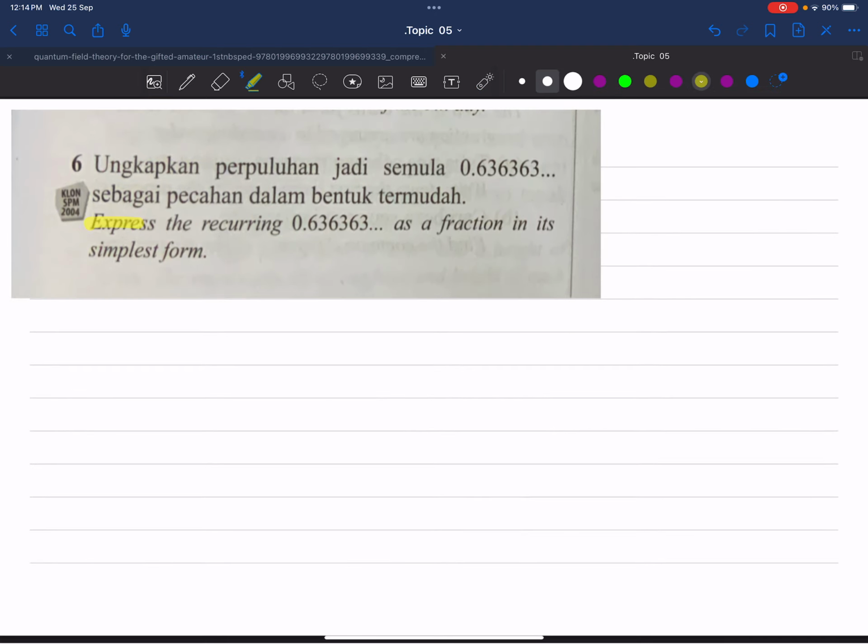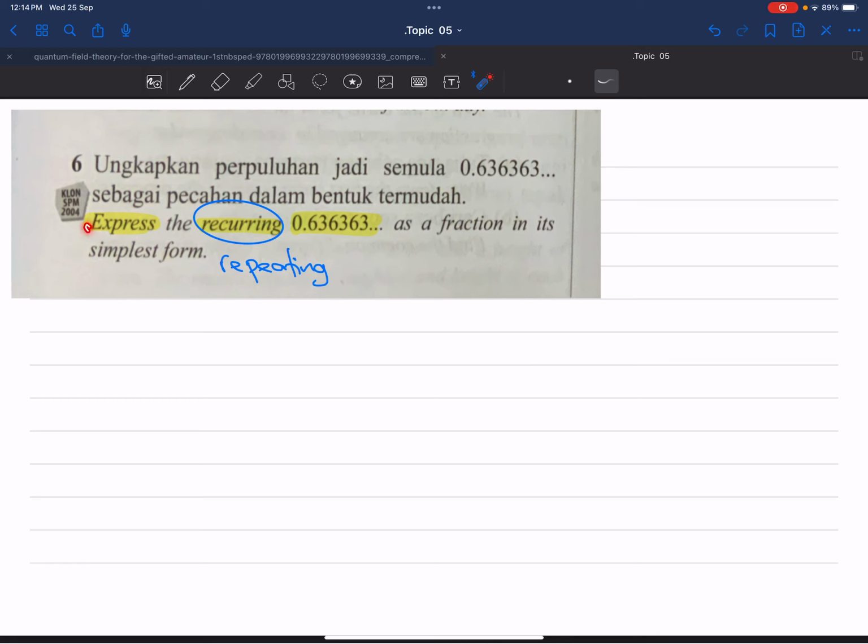Express the reoccurring decimal as a fraction. Reoccurring means repeating. The decimal is repeating. As you can see, we have 63, 63, 63. That is the meaning of recurring or repeating.